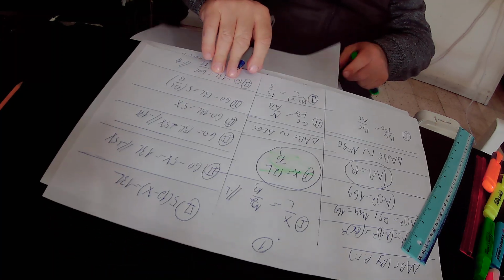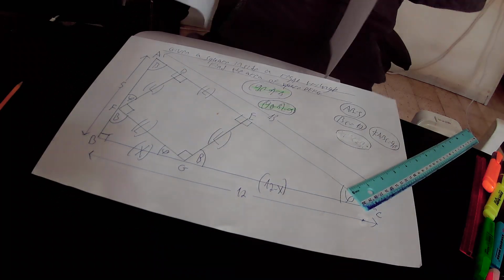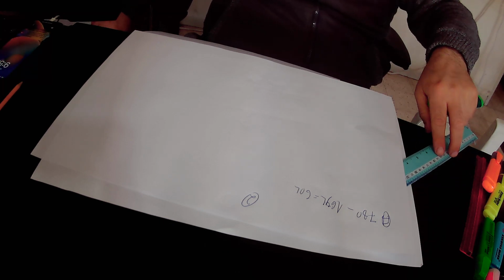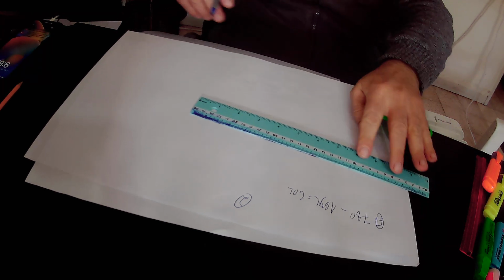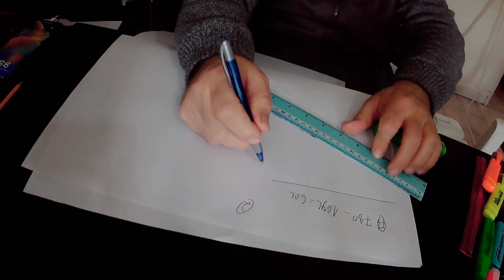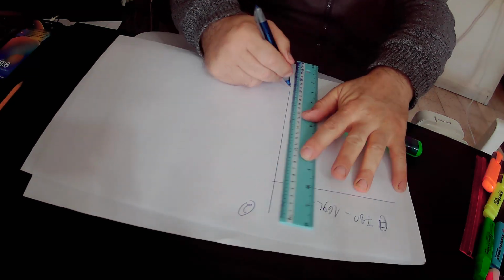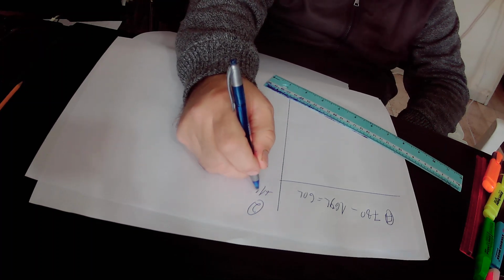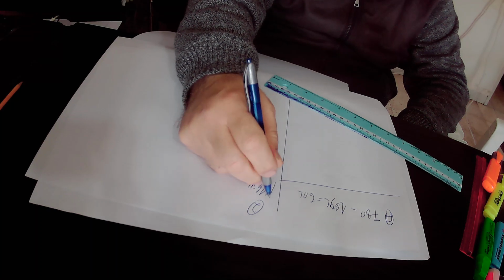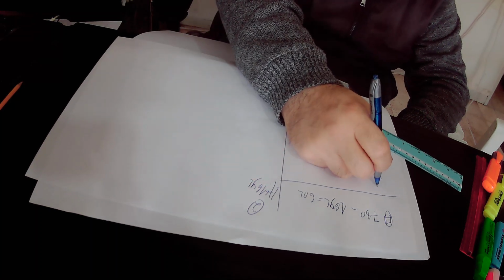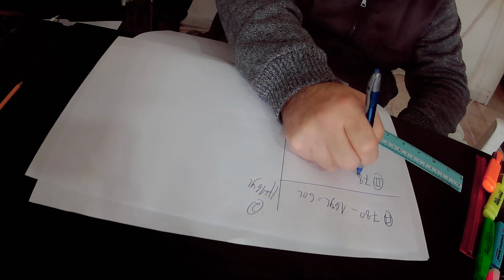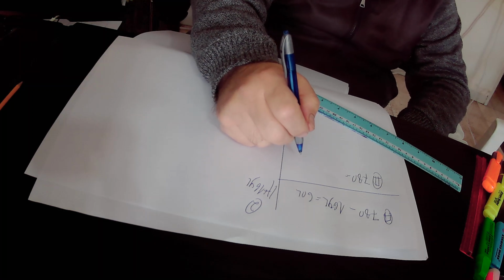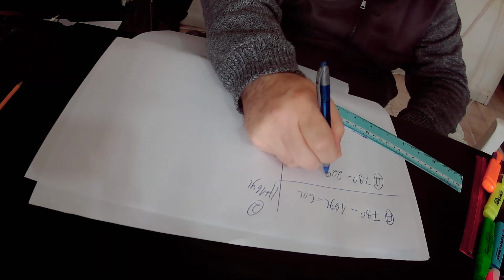Repeat again, according to equation 2, we found out that 780 minus 169L equals 60L. Here we add 169L to equation 2, and we get 780 equals 60L plus 169L, which is 229L.